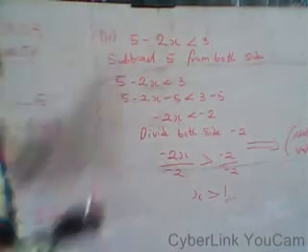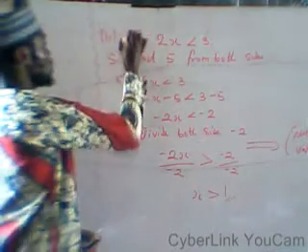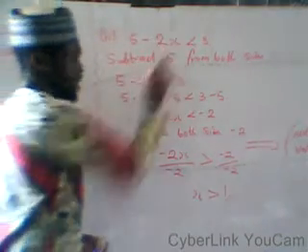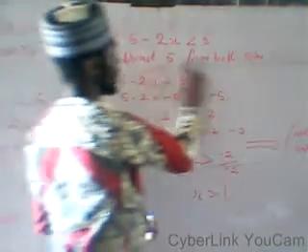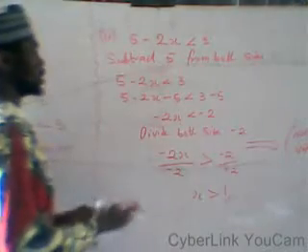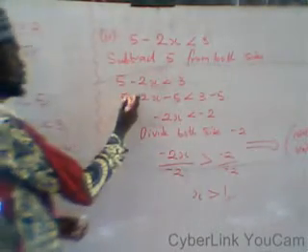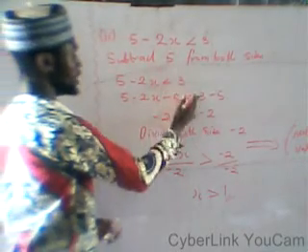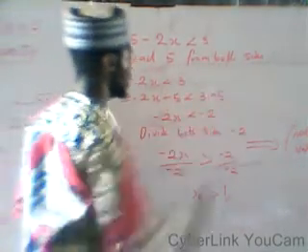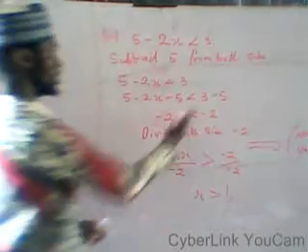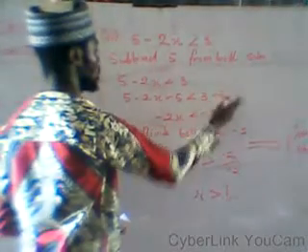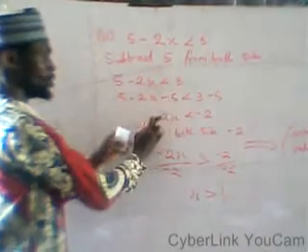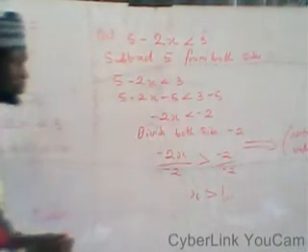Because of this positive sign, we subtract 5 from both sides. We have 5 - 2x initially, then we subtract 5. Less than 3 initially, then we subtract 5. From there, 3 minus 5 gives us -2, and 5 minus 5, that one has gone. So we are left with -2x.